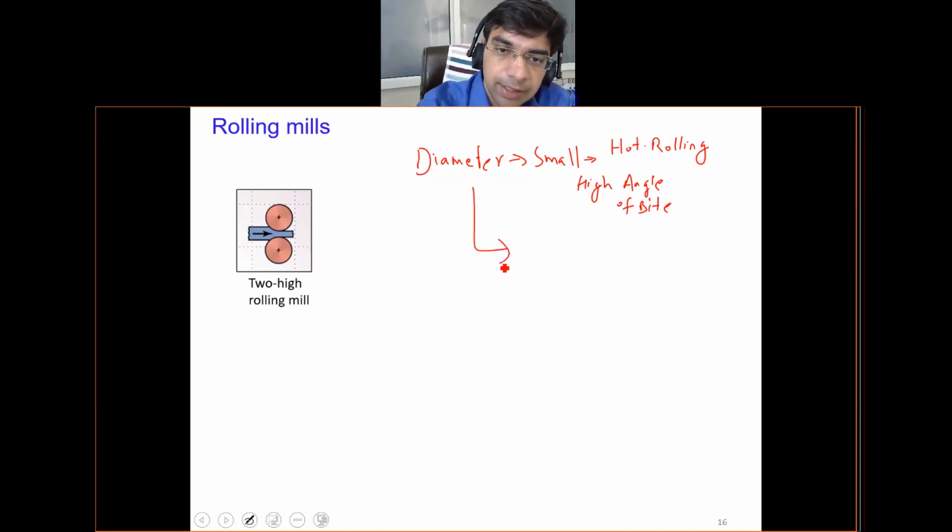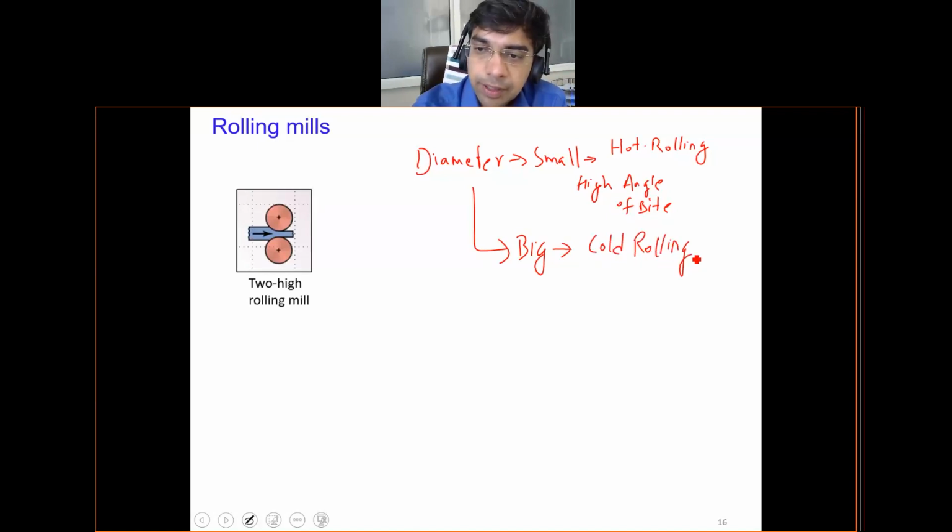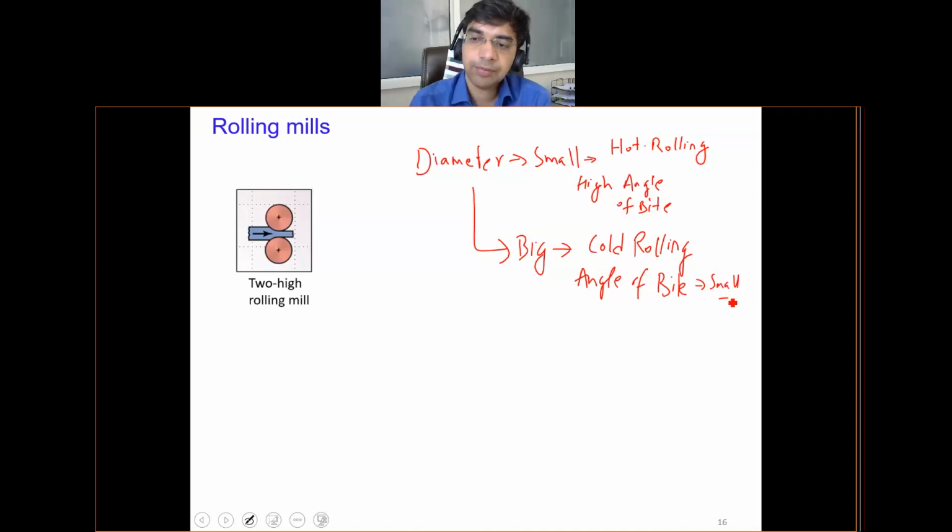And if the diameter is big, these types of rolls are good for cold rolling, where the angle of bite is small. So generally for finishing types of processes or to maintain the final shape, these big rolls are used. So this is about the diameter, and then the configuration of these rolls.